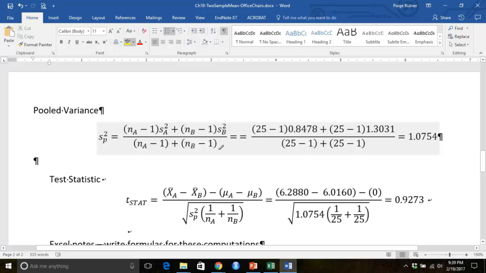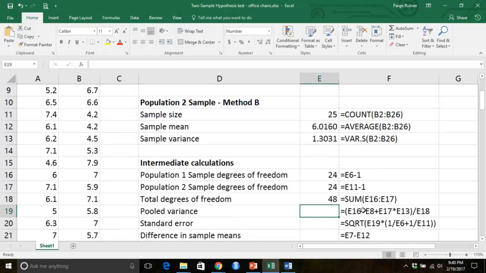So that lets me simplify things a little bit. If you look over here, 25 minus 1 is 24, like we just computed, times the variance of the first sample, 24 times the variance of the second sample, divide by the sum of the two samples minus 2, which is our total degrees of freedom. So you can see what I've done is I've done some intermediate computations that I can then plug into this formula. All right, let's go back.